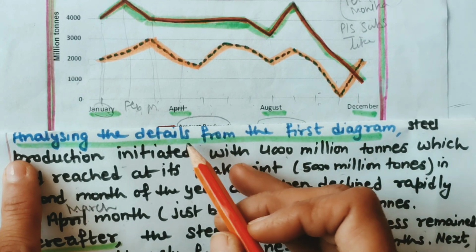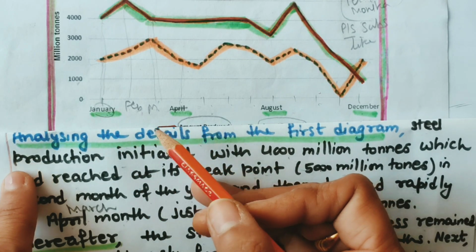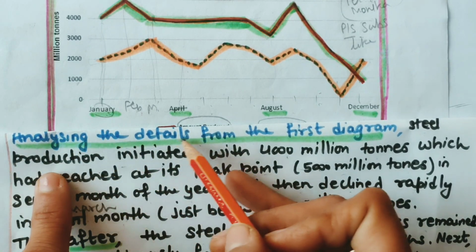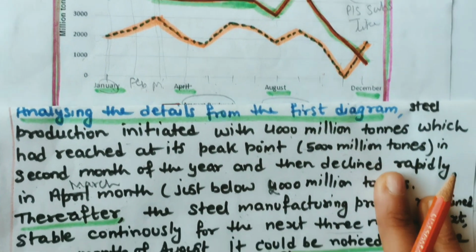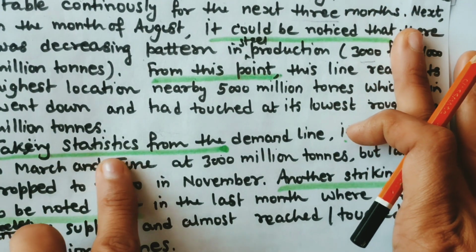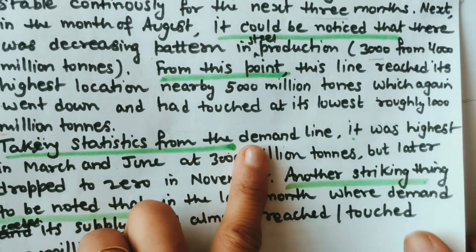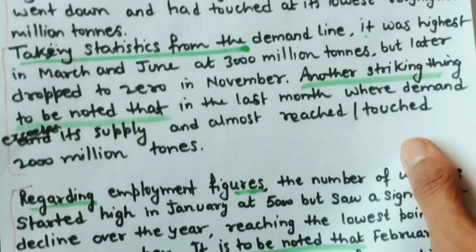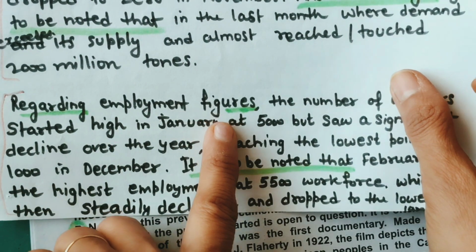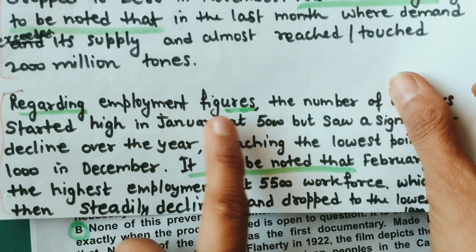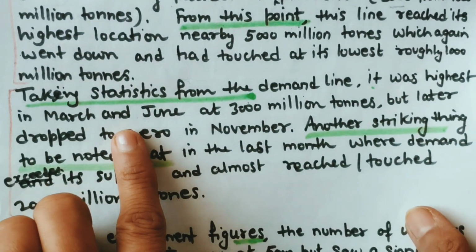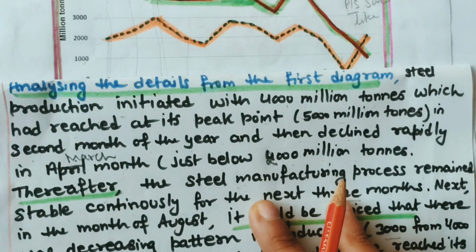Should we put "while" when starting the body paragraph? You can use any. I am using "analyzing the detail from the first diagram," and in the second paragraph, taking statistics from the demand line for telling about the second line, and "regarding employment figures" when I am talking about the second diagram. So these things you can always copy.